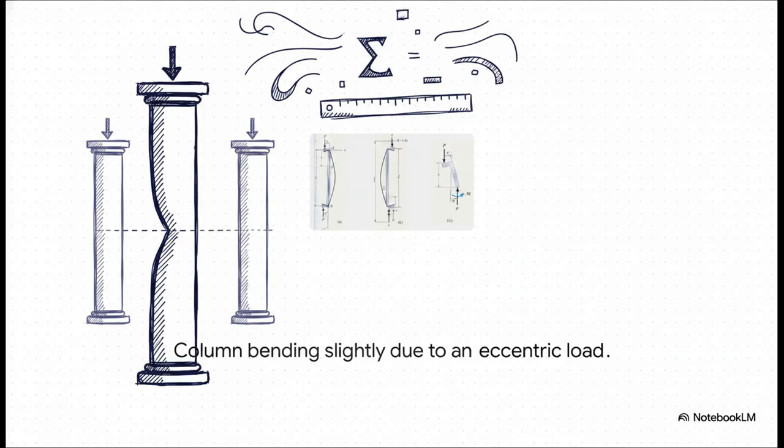Because real-world loads are slightly offset, creating that eccentric distance we talked about earlier, columns actually start bending slightly the very moment any weight is applied. To handle this, engineers pivot to what's called the secant formula. This allows them to calculate the stress by factoring in that exact offset distance, ensuring the column doesn't slowly bow past its allowable deflection limits.